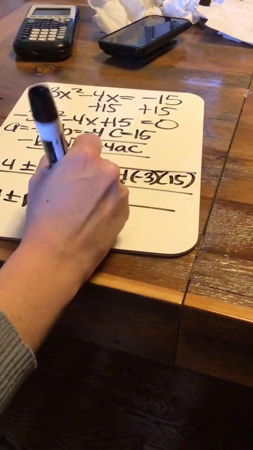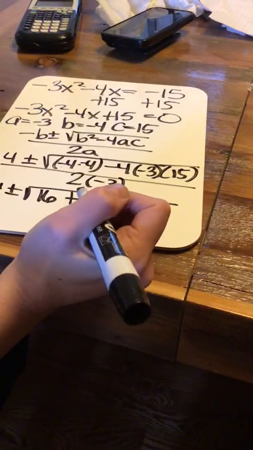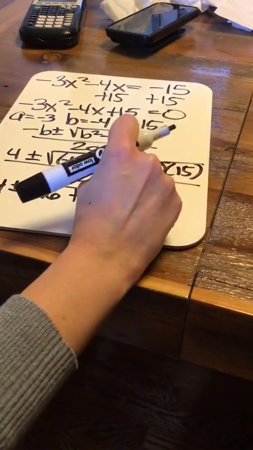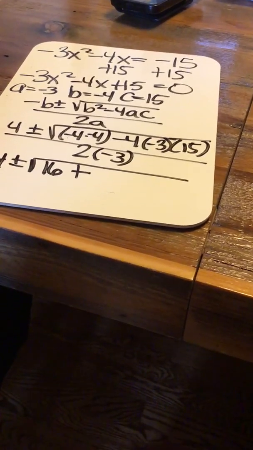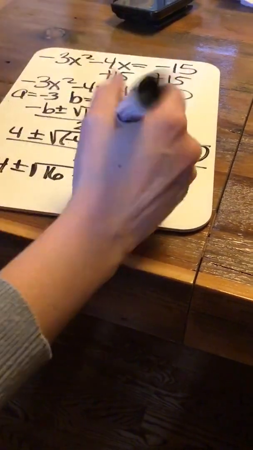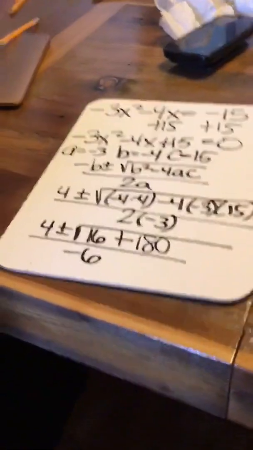So this is also going to be plus. Okay? And so when I plug this one in, it's going to be plus, so let's see, 12 times 15, so 180, all over 2 times -3, which is -6, okay?